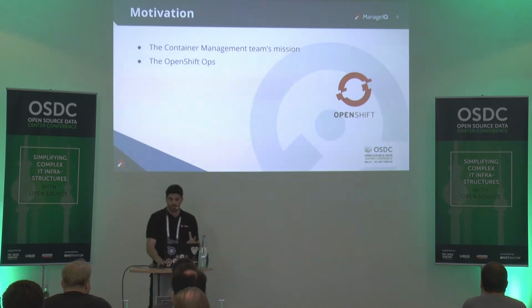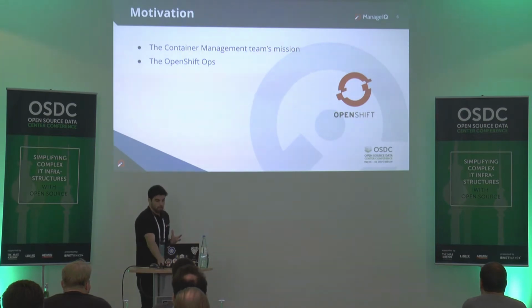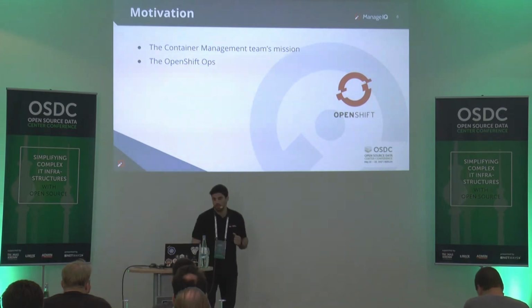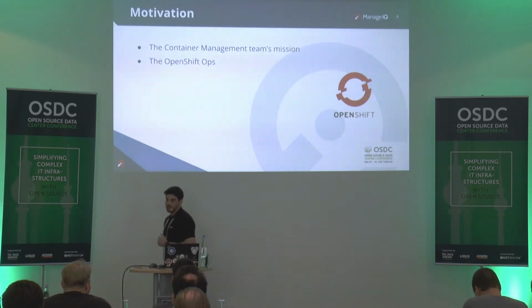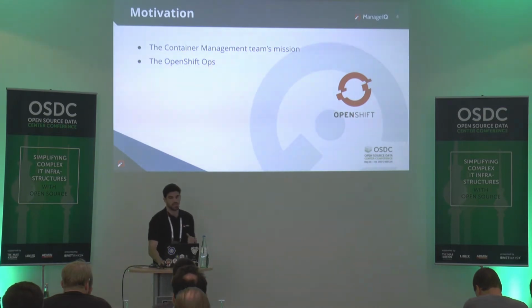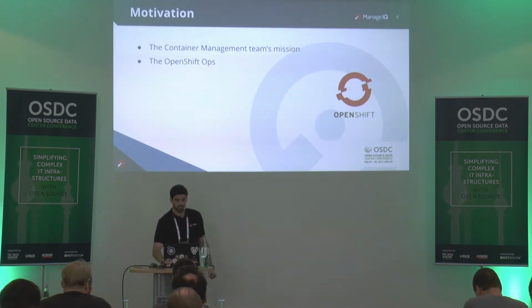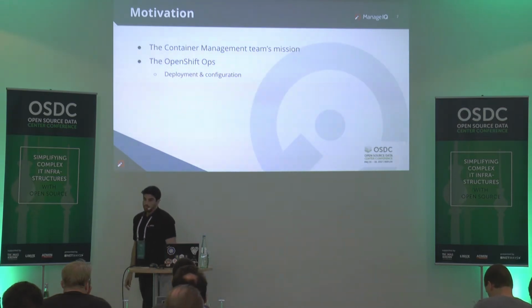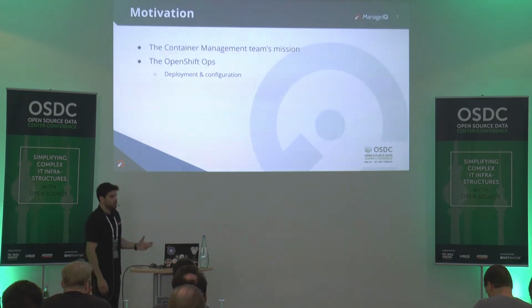So they're doing it for their customers. We've been talking with the OpenShift Ops for a few months now, and they're really awesome. We wanted to check out their needs to see if we can help and supply a management solution for them. So, as I said, what are the needs of the OpenShift Ops team?